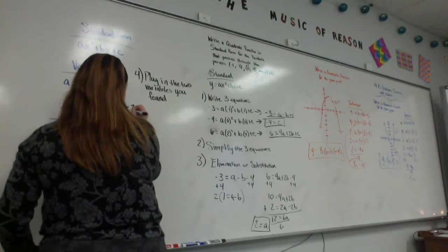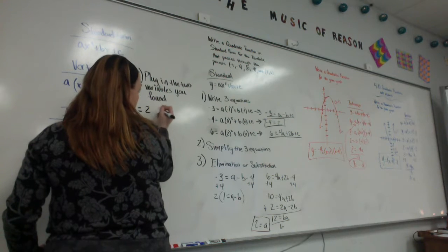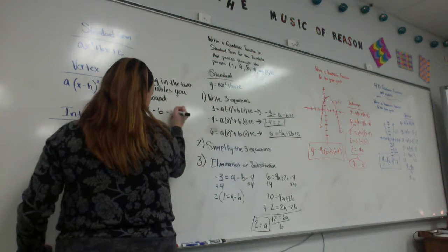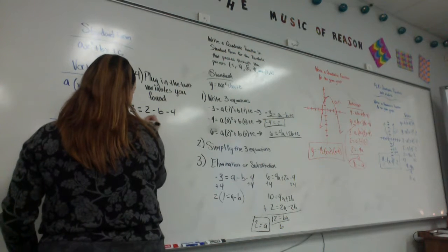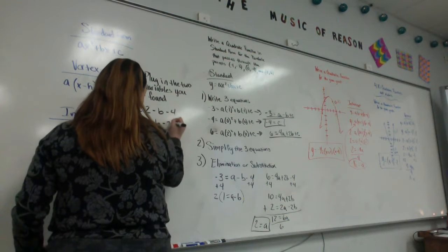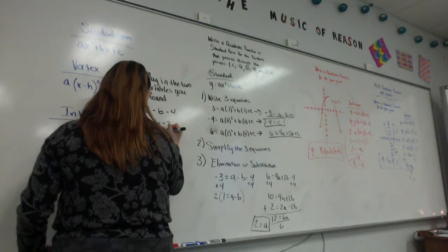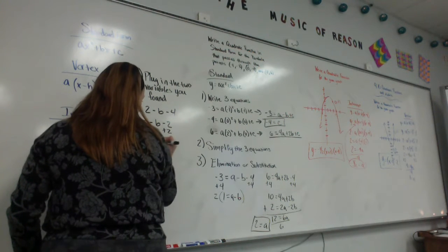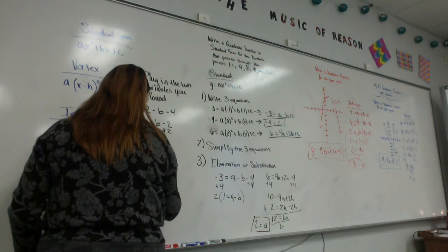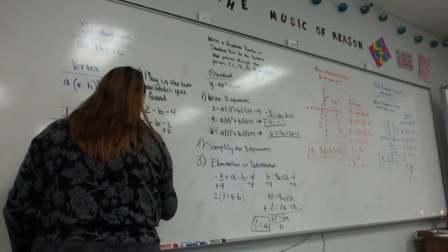I'm going to say negative 3 equals 2 minus b minus 4. So I get negative 3 equals negative b minus 2. I add 2 to both sides. Negative 1 equals negative b. Divide by negative 1, and b equals 1.